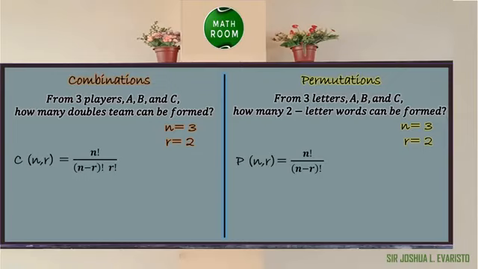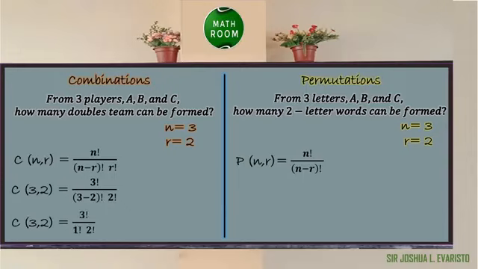Let's substitute the values of n and r in the combinations formula. So we have C(3, 2) is equal to 3 factorial over 3 minus 2 quantity factorial times 2 factorial. Next step, evaluate inside the parentheses.